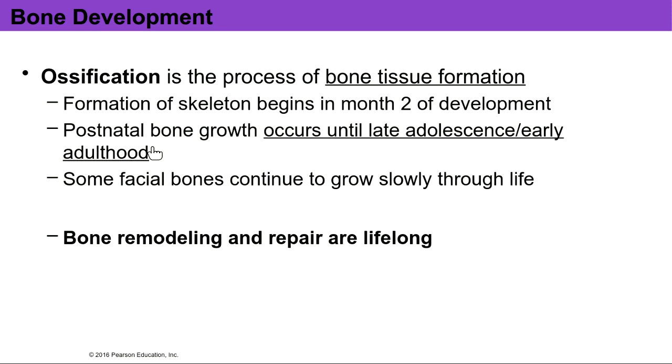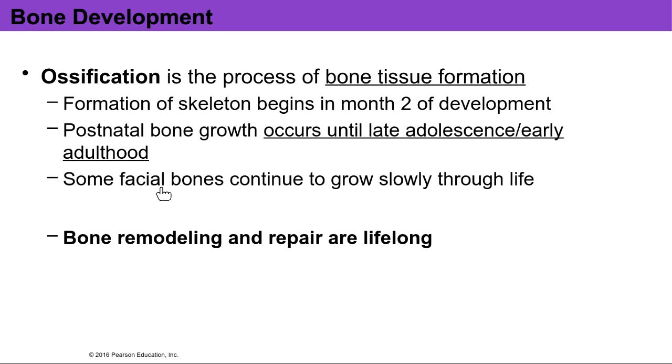So in general, yes, we're having ossification happen from about month 2 of life up into early adulthood. And actually, even beyond adulthood, you can still have a continual growth of bones very slowly, particularly in the face.